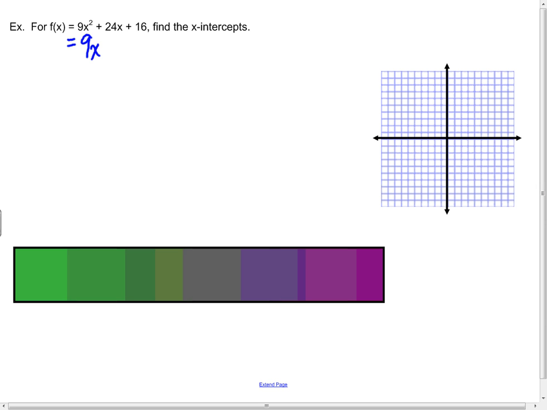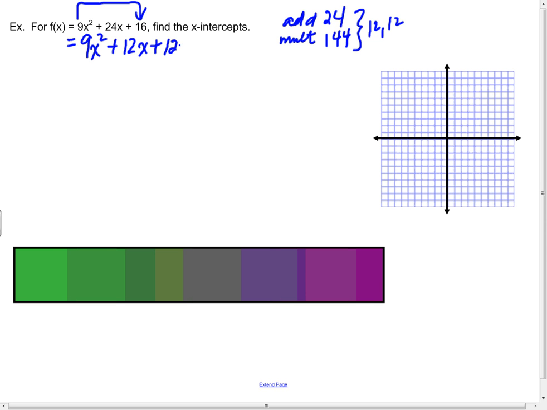I am going to split apart my 24x into 2 parts such that they add to 24 and multiply to whatever 9 times 16 is. So 144. My two numbers nicely are 12 and 12, and everything is positive. So I'm going to decompose that 24x into 12x plus 12x, plus 16.